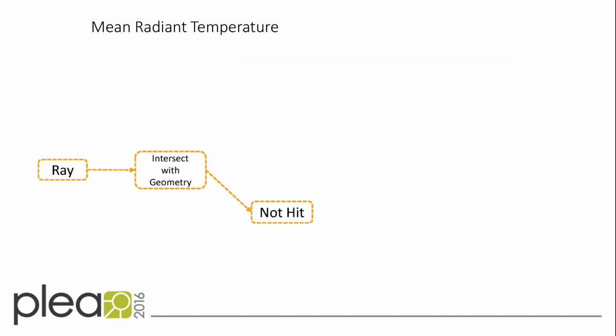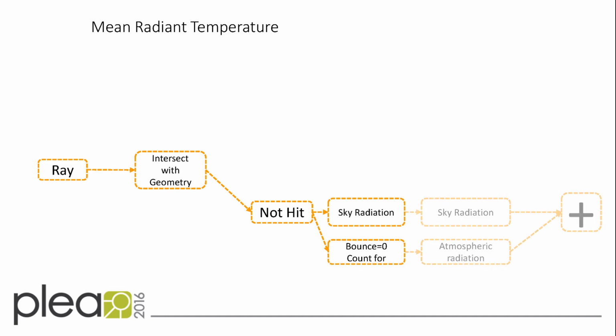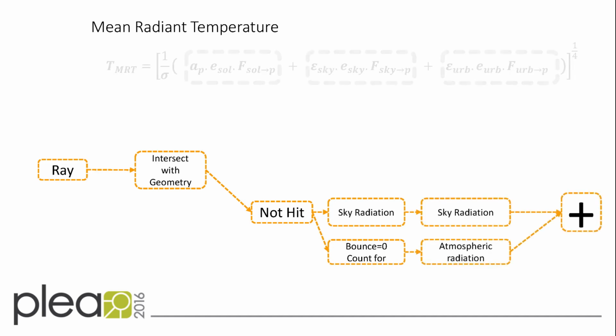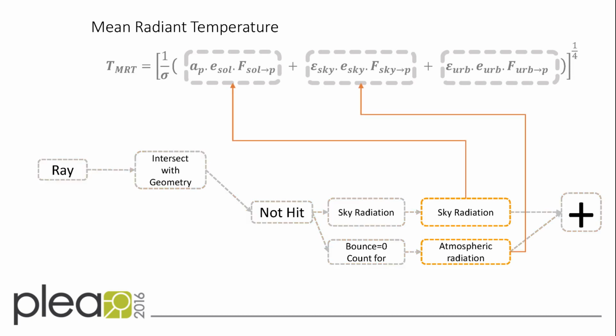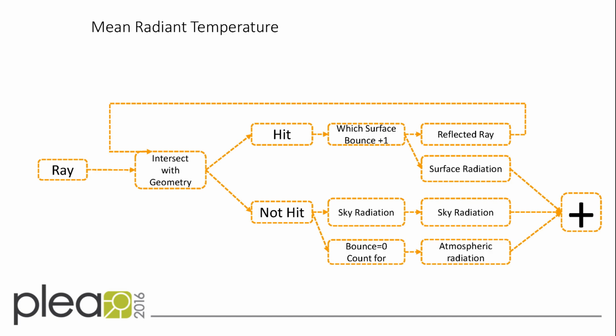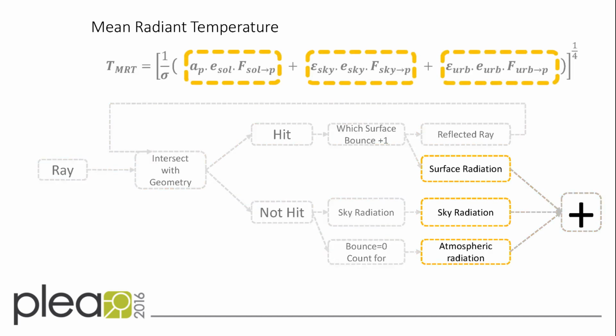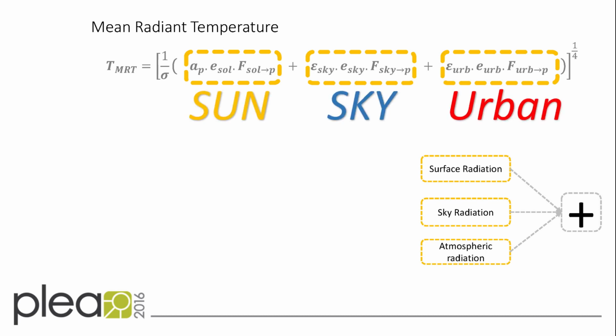If it doesn't heat the geometry, we need to find the assigned sky patch, which shows the radiation from that direction, and the vector without any bounces is counted for the sky view factor and atmospheric radiation, and we need to gather all of the radiation's flux to the total MRT, the radiations from sun, sky, and urban surfaces.